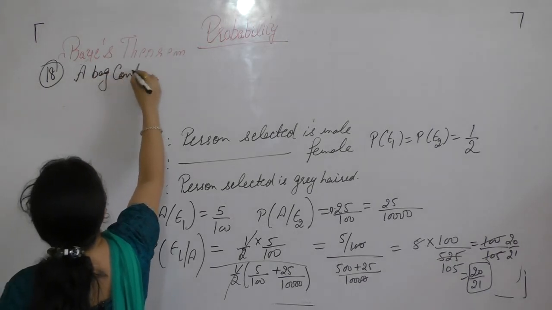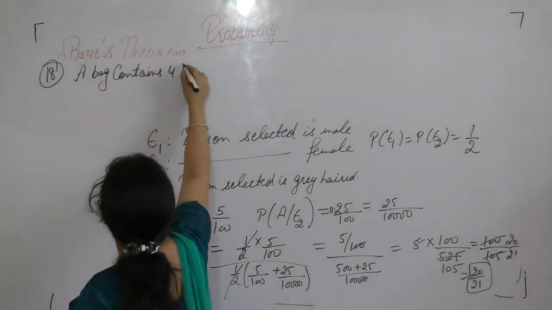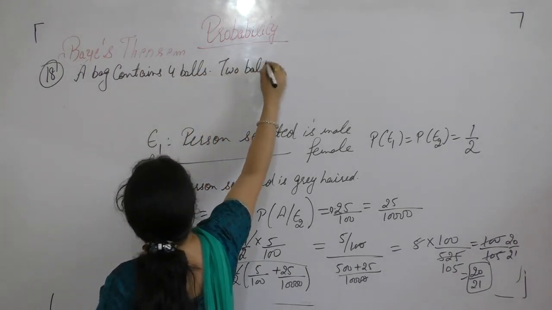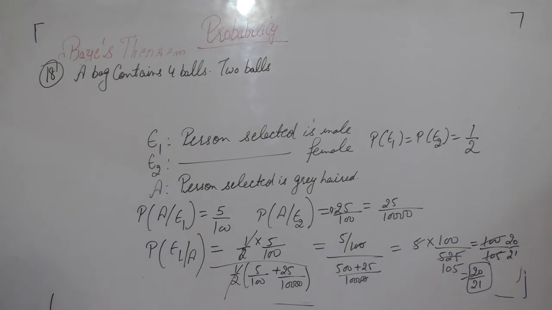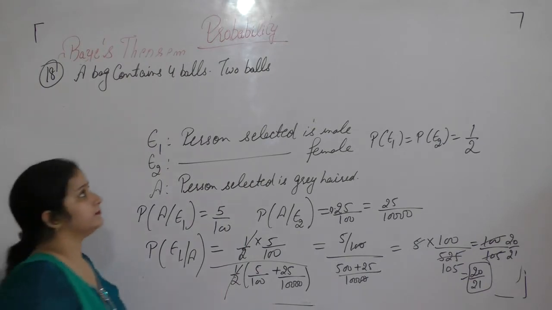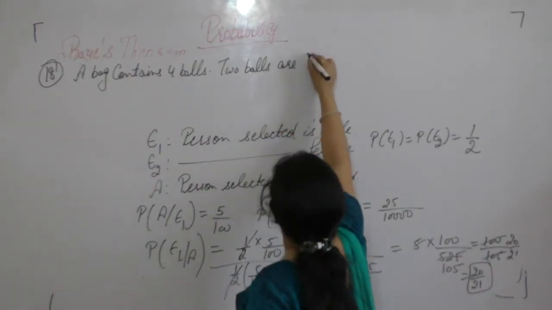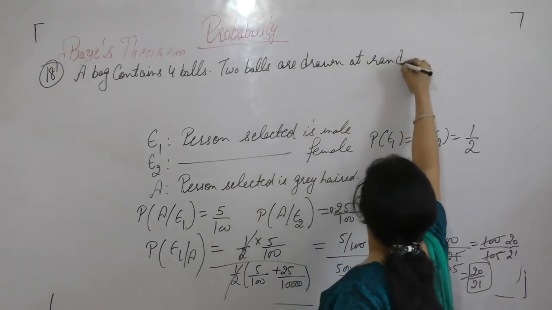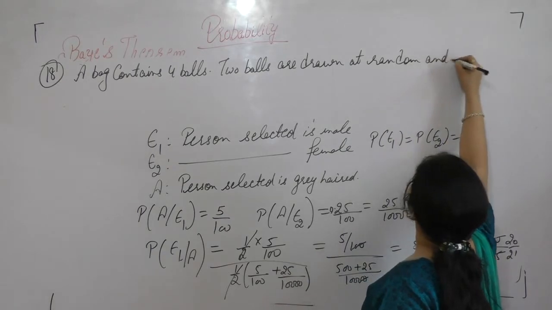A bag contains 4 balls. Two balls are drawn at random and are found to be white.